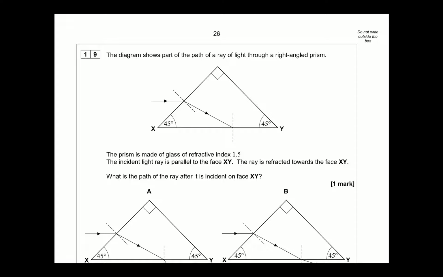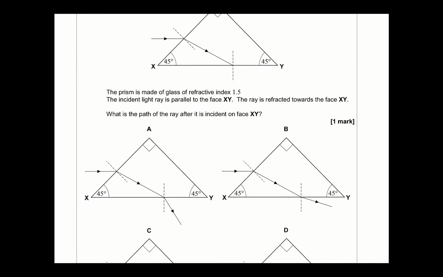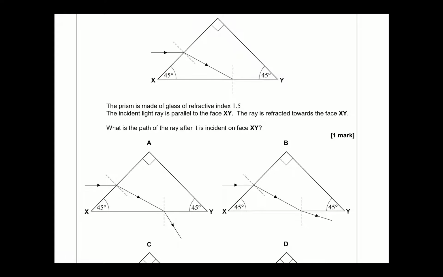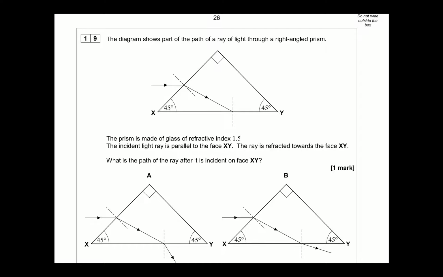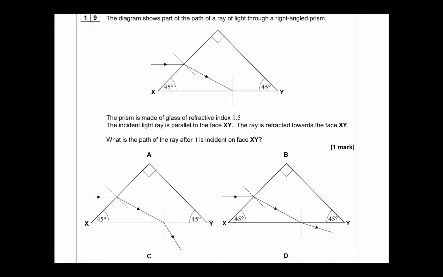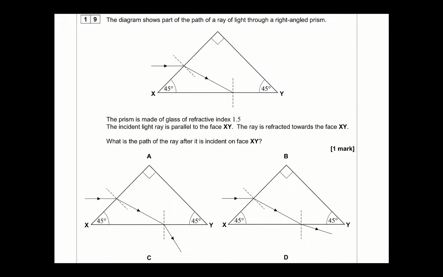Question 19 shows the path of light through a refractive index of 1.5. Okay, so it's parallel, so that's 45, that's 45.